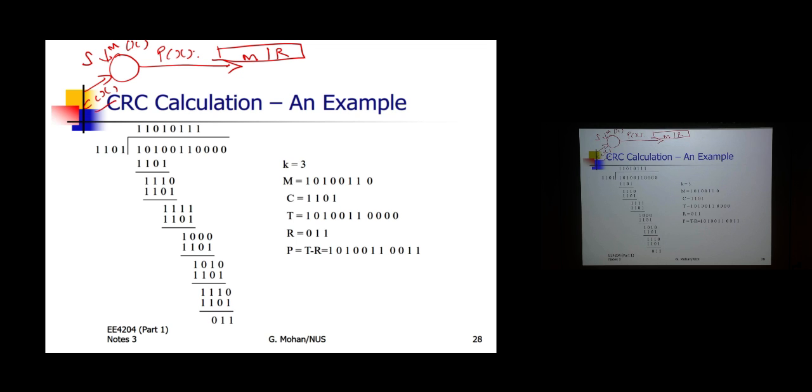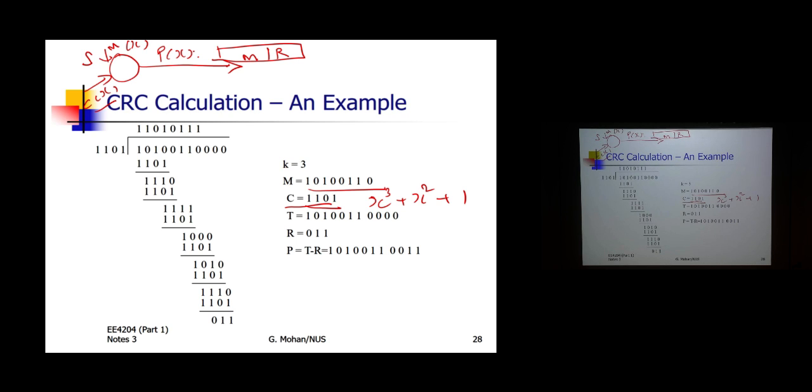C is the divisor. So we take an example. Let's say M is an 8-bit binary number, and C is a 4-bit binary number. This is basically x cube plus x square plus 1. That's what the divisor C represents.